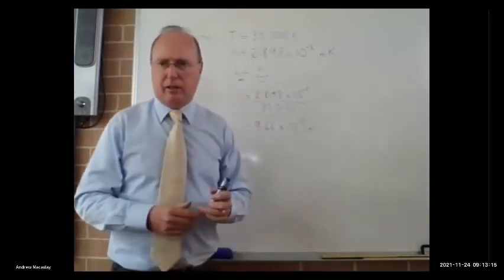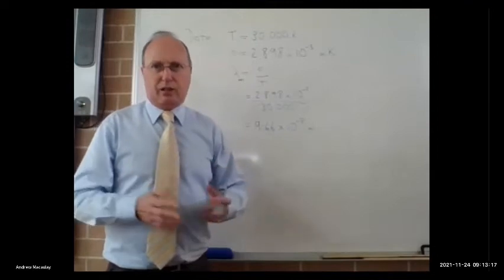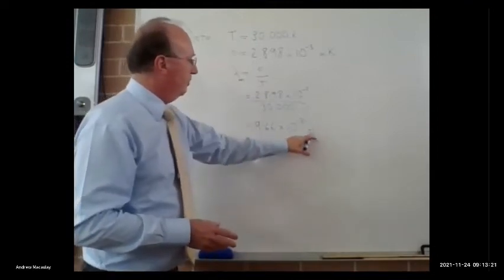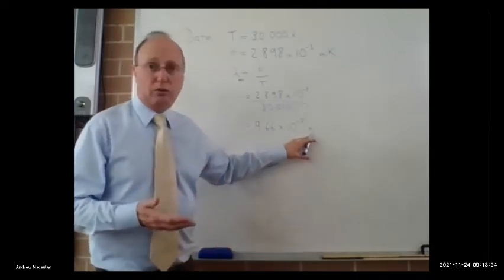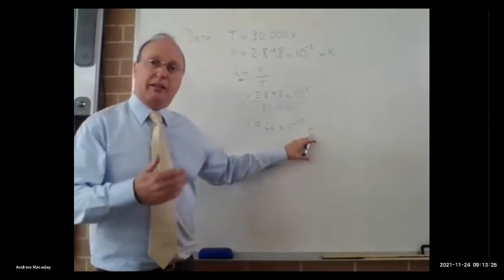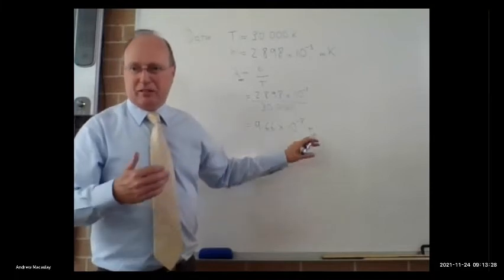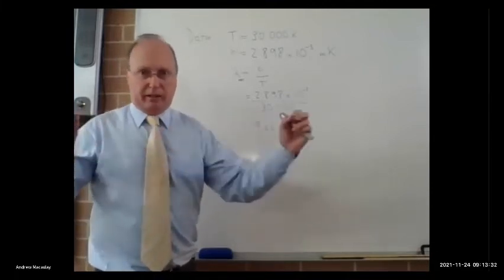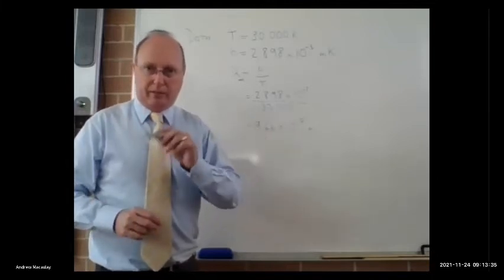And it's in meters. Let's just check that it's reasonable. It's 10 to the negative 8 meters. Now that's close to nanometers. Remember, nano is negative 9. So that's actually useful because we know our electromagnetic spectrum in the wavelength in nanometers.